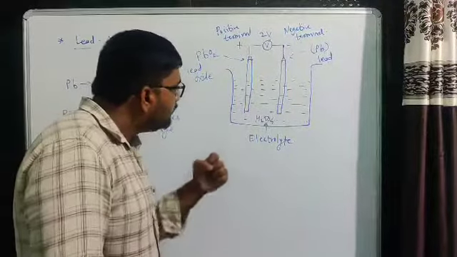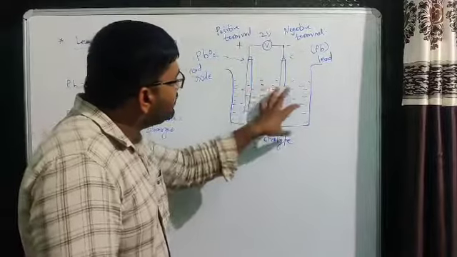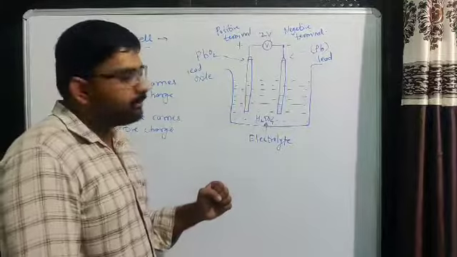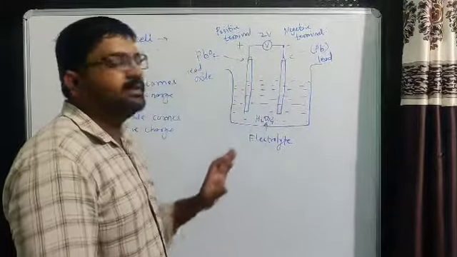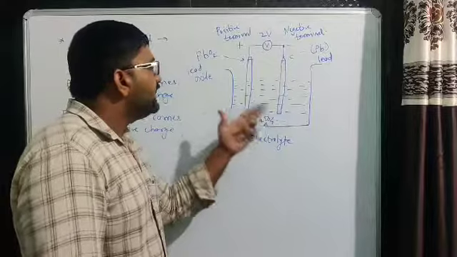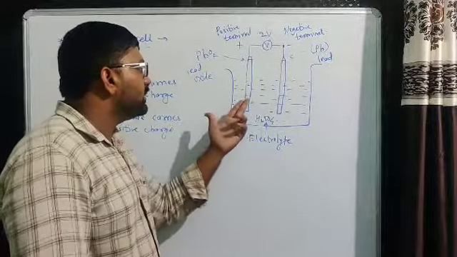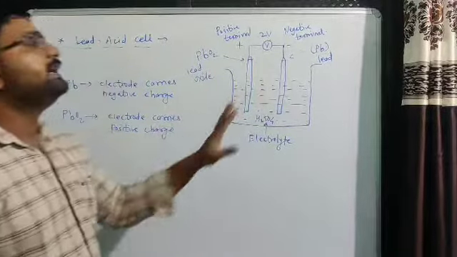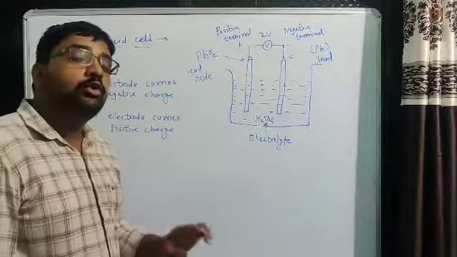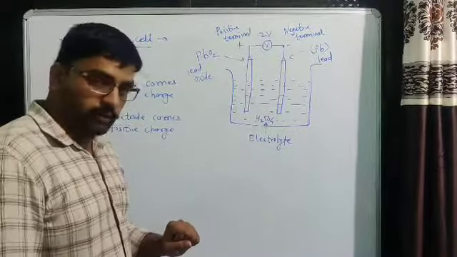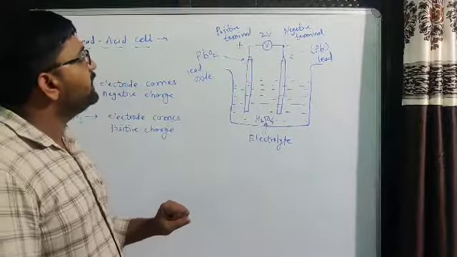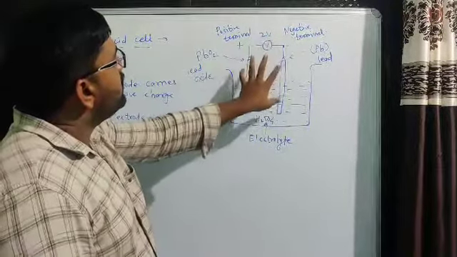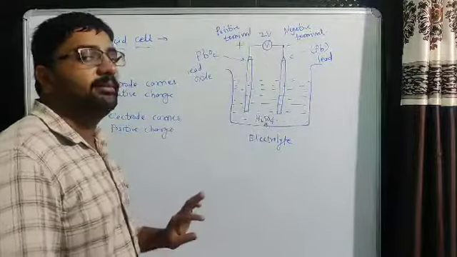These charges move toward the respective electrodes. Negative charges move towards the positive terminal and positive charges move towards the negative terminal. So there is a 2 volt potential difference between these two terminals.